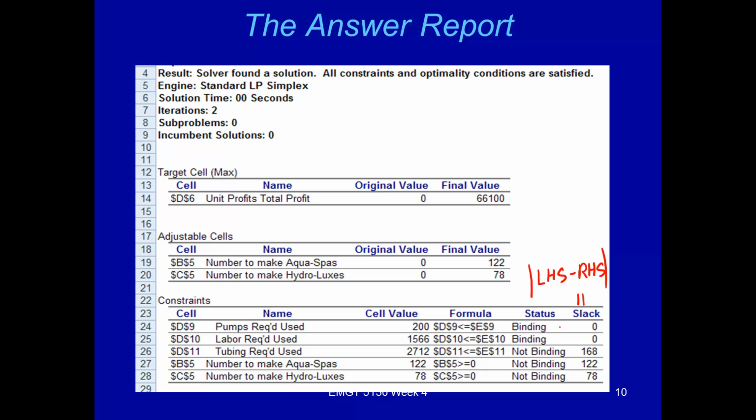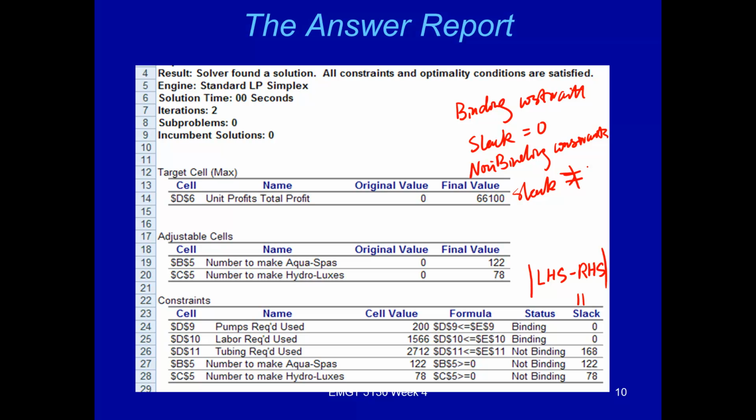A binding constraint always has zero slack, and a non-binding constraint's slack is always not zero. Okay, so that's what I want to talk about for this answer report.